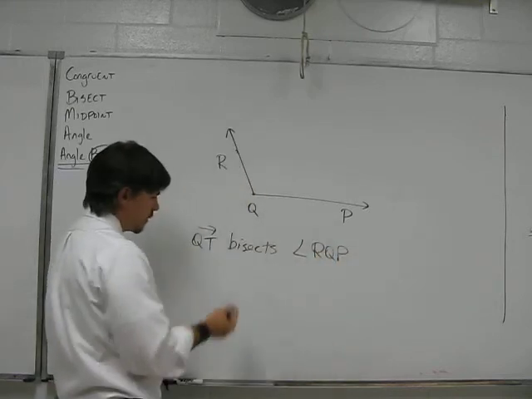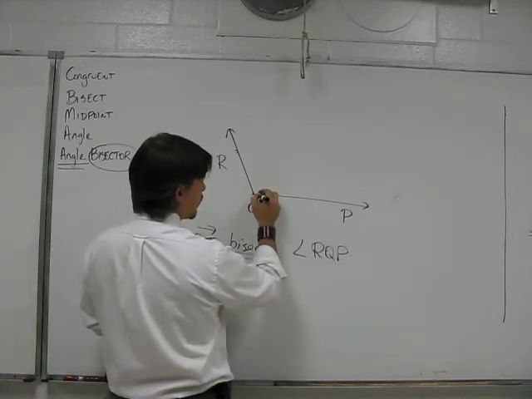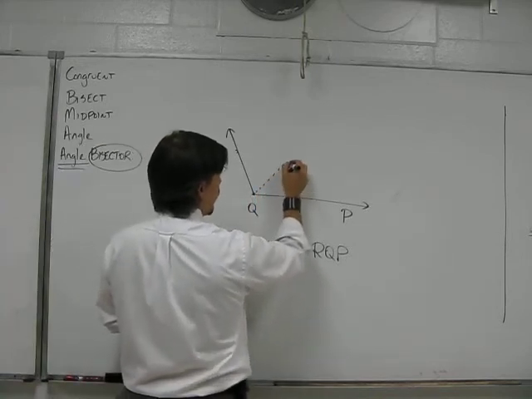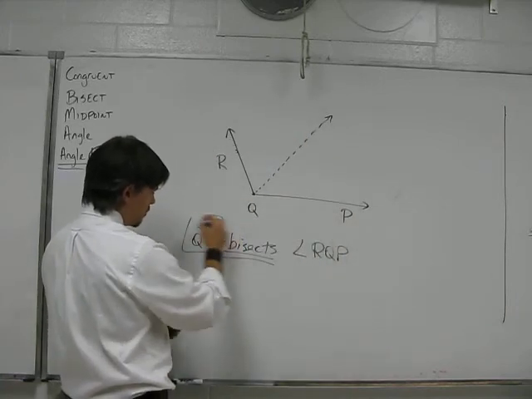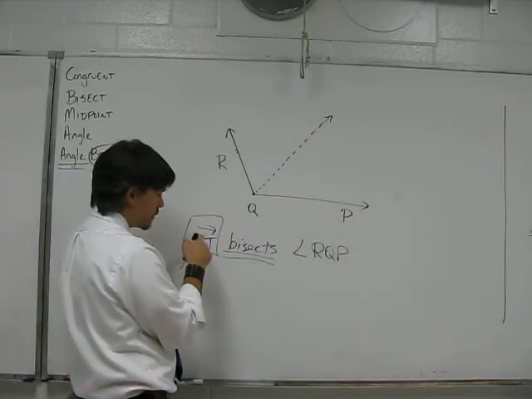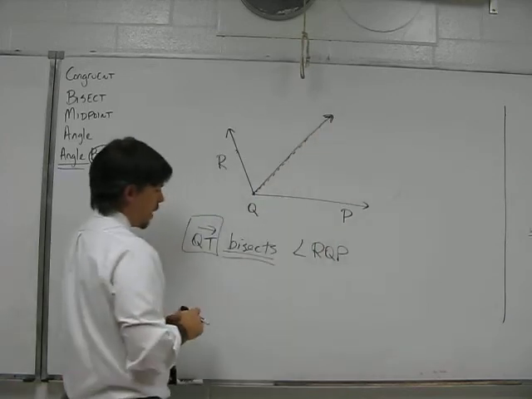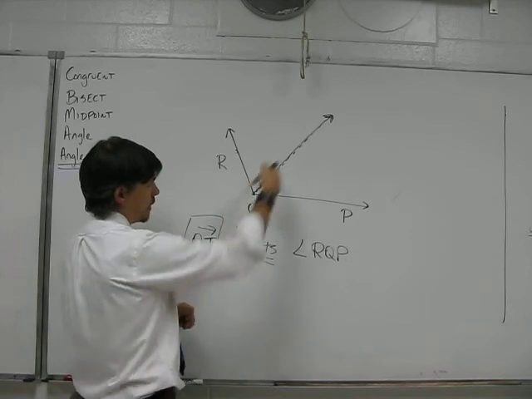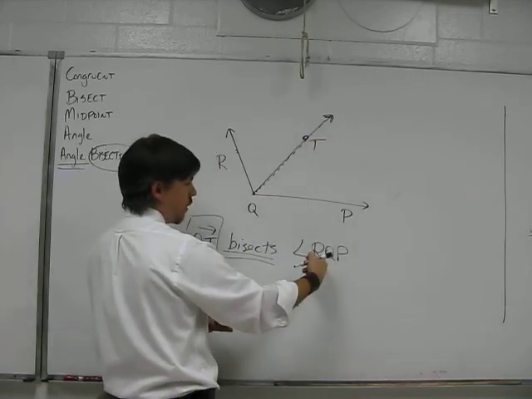Well, what is it going to do? It's going to cut it into 2 equal parts. Well, it looks like between there and there, right there, that would bisect it, right? So it starts, if you remember, this is a Q, so it goes from Q to T, and from Q to T, so that means it got bisected. So that would be ray QT bisecting angle RQP.